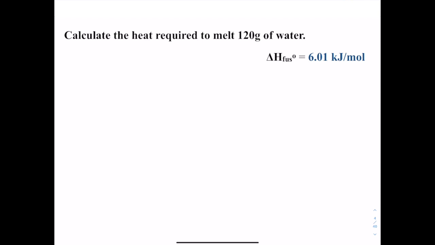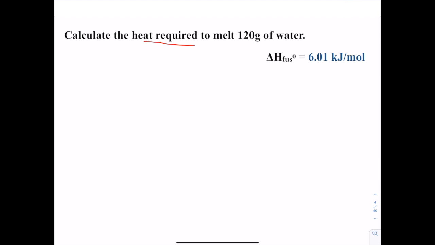Of course, these heats of vaporization and heats of fusion can be used in calculations. So in this problem, it is asking to calculate the heat required to melt 120 grams of water.